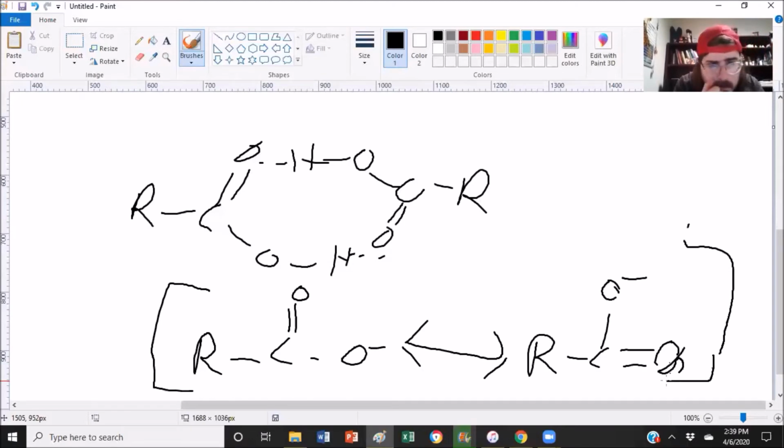So we have this resonance stabilized anion, and that is why these are going to be so willing to dissociate.